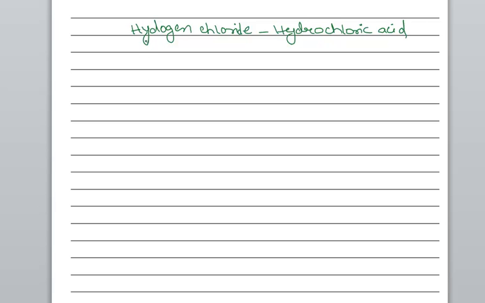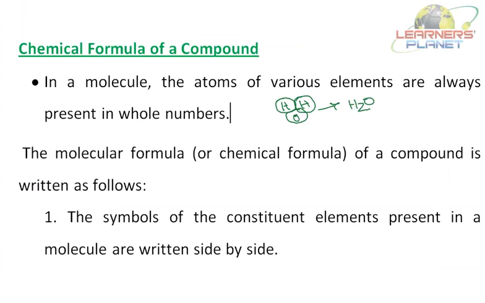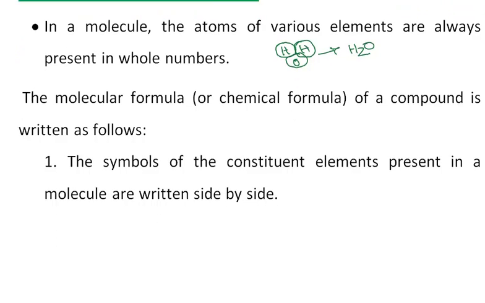So, what is the symbol of hydrogen, students? It's H. What is the symbol of chlorine? It's Cl. Now, let's move to the next step of writing the formula.